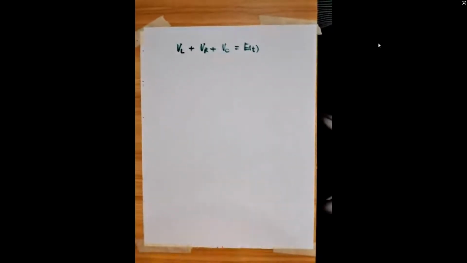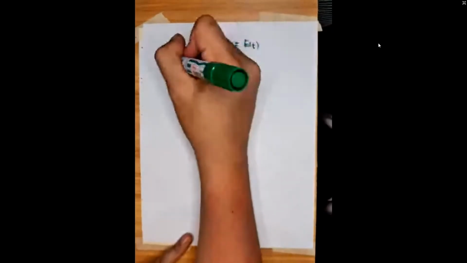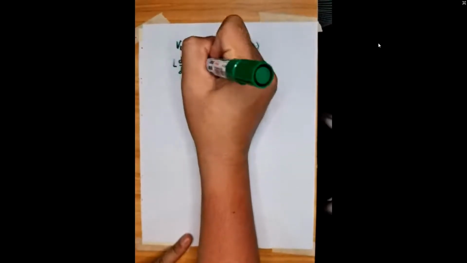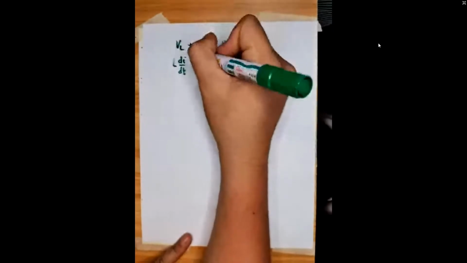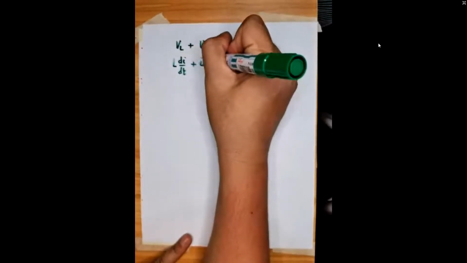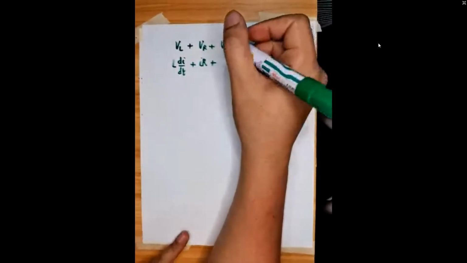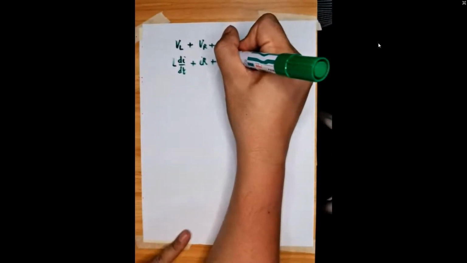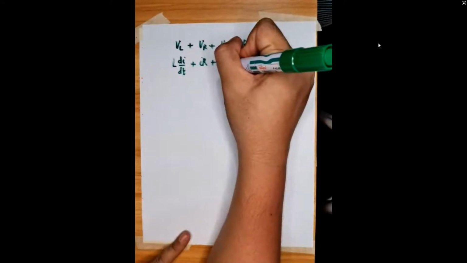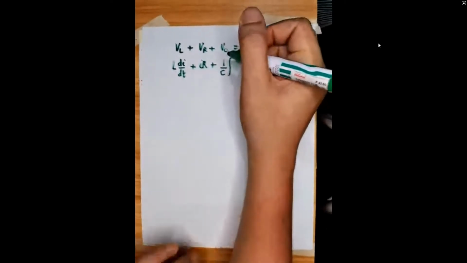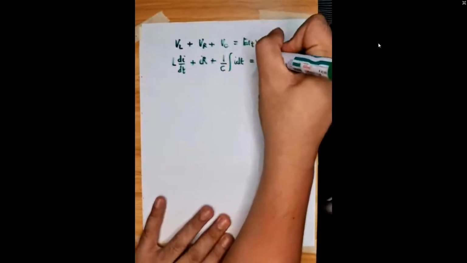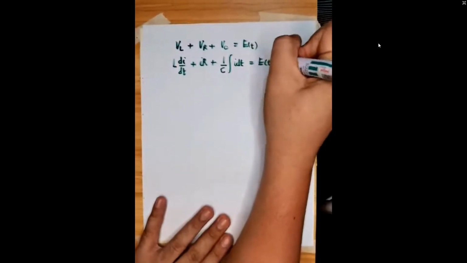Ayan. Okay, and this VL will equal to L di over dt plus, so this is just IR plus 1 over C, the integral of I dt is equal to E raised to T. Ayan.